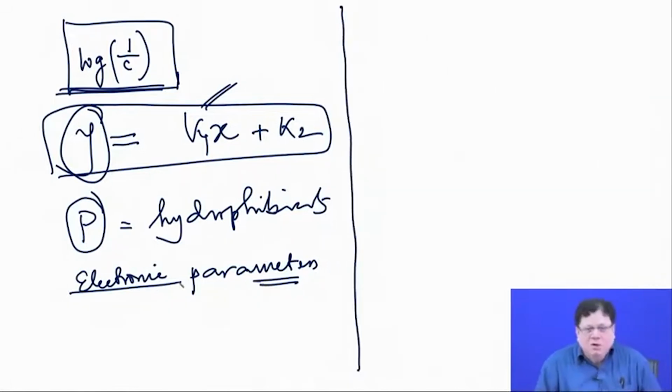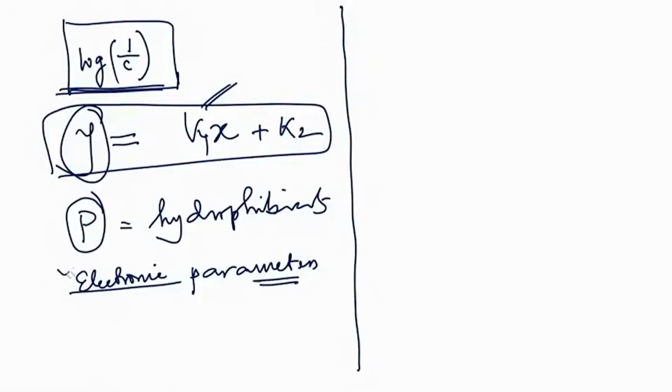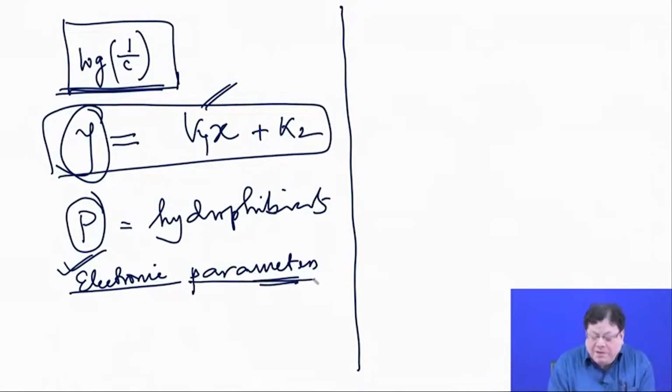Similarly, here also, because I told you that the balance between the ionic form and the neutral form is very important. How much is the percentage of the neutral form, how much is the percentage of the ionic form. Those can be determined by the electronic property of the molecule. So, there has to be an electronic parameter on which the biological activity will depend.